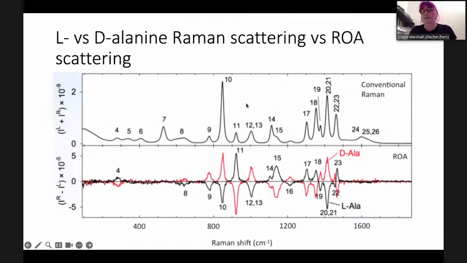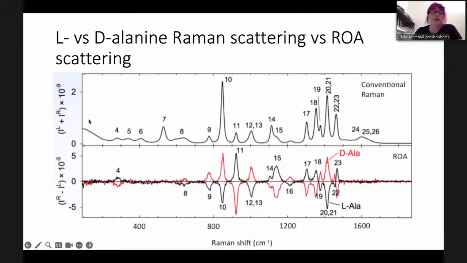So here we go. Here's the big answer to the question: can ROA distinguish between L and D alanine, for example? On the top, we can see conventional Raman spectroscopy. This instrument manufactured by BioTools can collect conventional Raman spectra, and it can also collect ROA spectra.